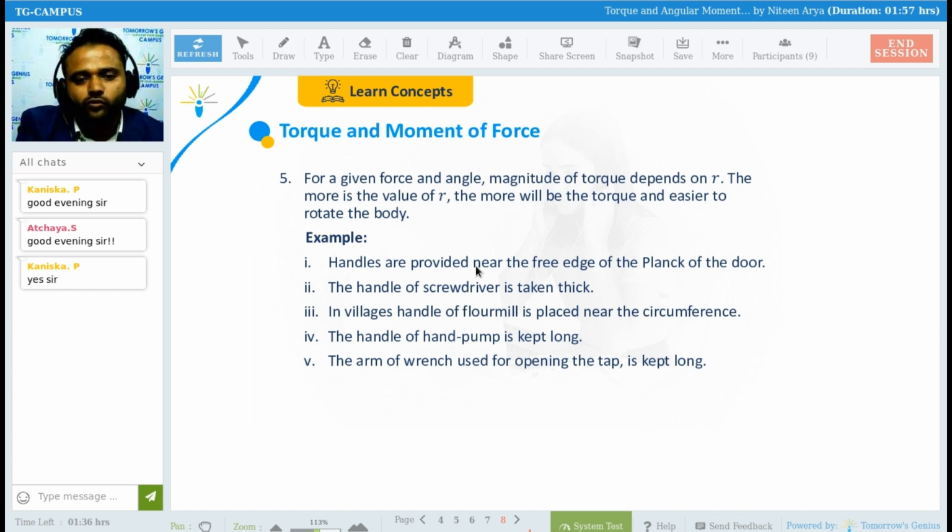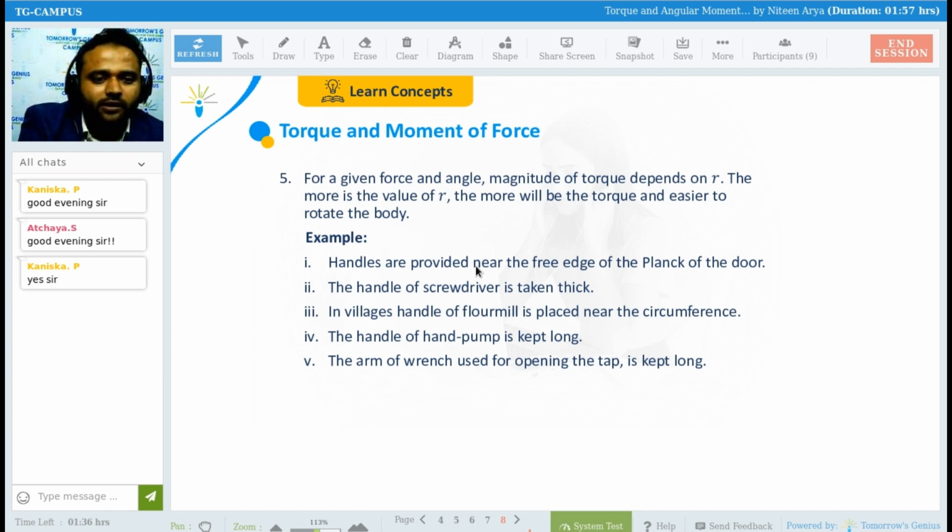The next thing, for a given force and angle, the magnitude of torque depends on R. The more the value of R, the more the torque and the easier it is to rotate the body. You can understand that from the example of a door. Why do we have the door handles exactly in between, far away from the axis?